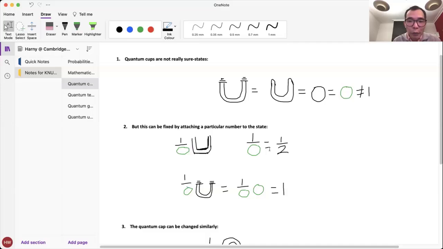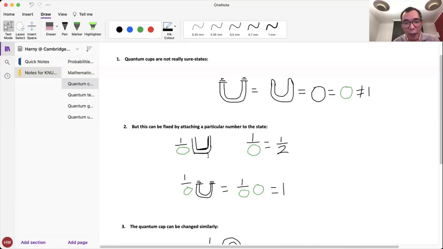So why do we do that? Because if we put this half, 1 over 2, with this quantum cap and discard it, then we can see that this one, as we already saw, is just the green circle, which is 2, right? You put them together, which means you multiply them, and you get half times 2, which is 1, right?